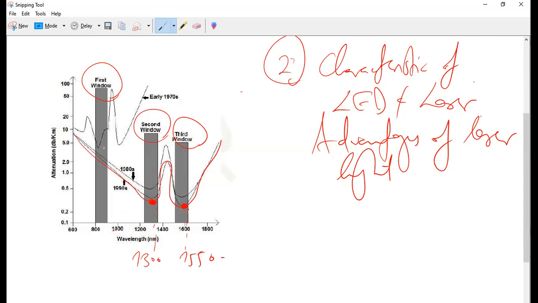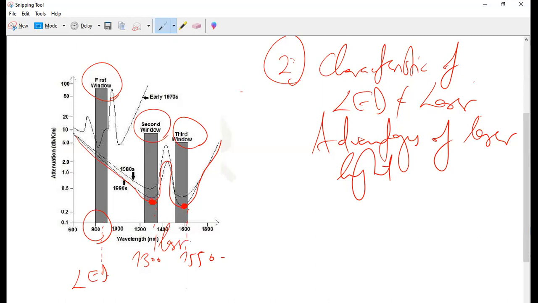You need to know what wavelengths laser light and LED light have. For LED I know it. Between these two there is laser, I'm not sure. There is laser light here.